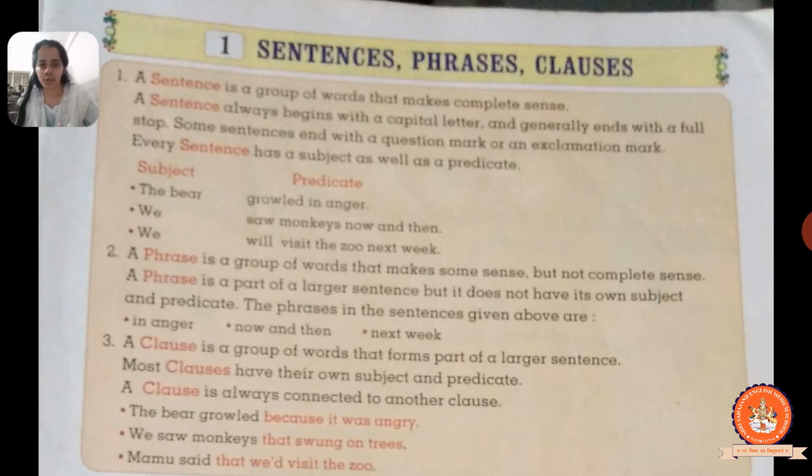Then coming to our next point, every sentence has a subject as well as a predicate. You have studied in your previous classes also that a sentence is made up of two parts. Every sentence has a subject as well as a predicate.